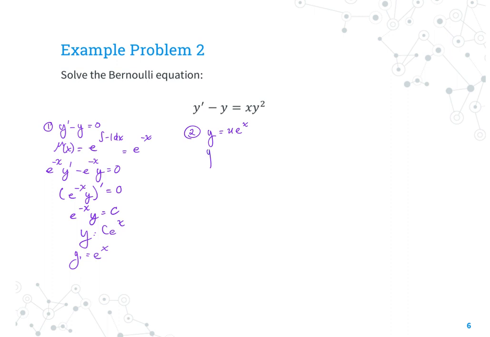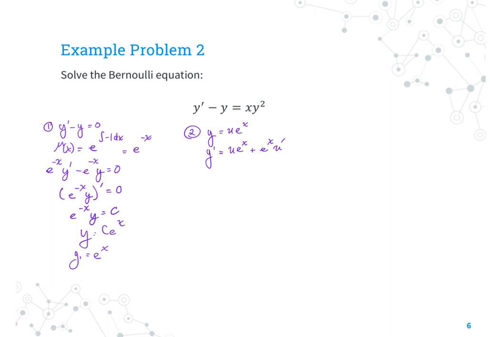So when we find our y prime, our dy dx, we have to use the product rule. So we end up with 1 d2 plus 2 d1. So u e to the x plus e to the x u prime. And now all we have to do is substitute in y prime and y anywhere we find them in our given ODE.